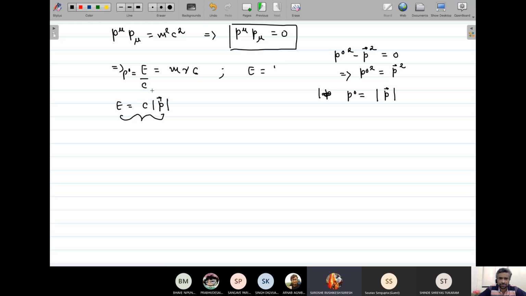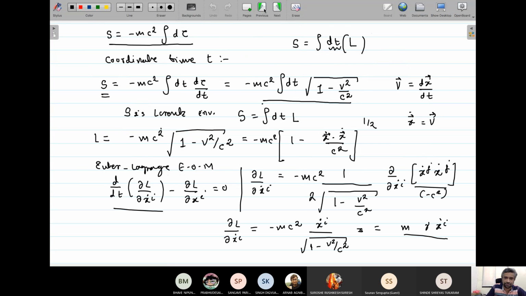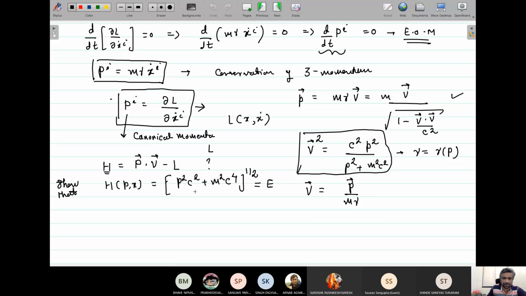Sir, the Hamilton equation we have derived, is it Lorentz invariant? You are asking about the Hamiltonian, right? The Hamiltonian, E equal to the square root of p square c square plus m square c to the power 4, is it a Lorentz invariant quantity? When you go to the Hamiltonian formalism, you fix t, you work at equal-time slices, and you calculate the Hamiltonian. It will not be manifestly Lorentz invariant.